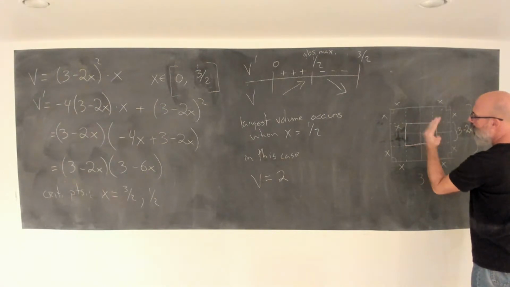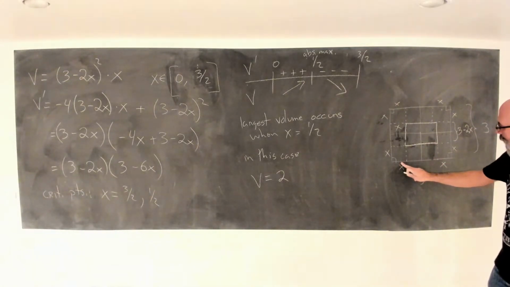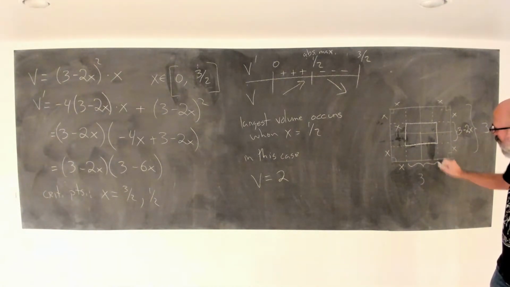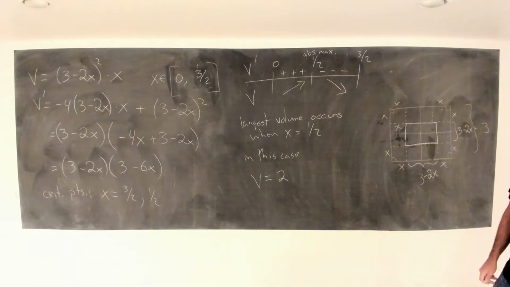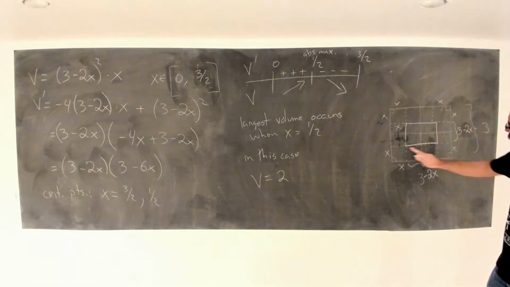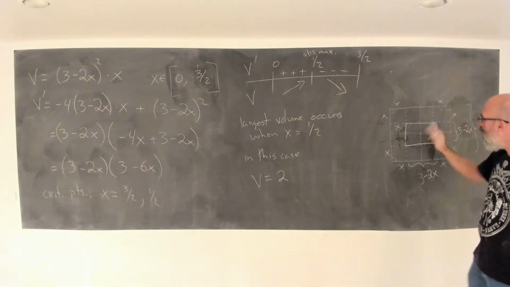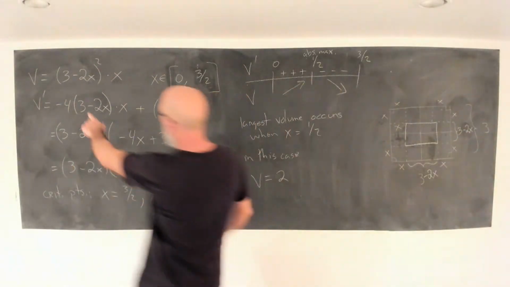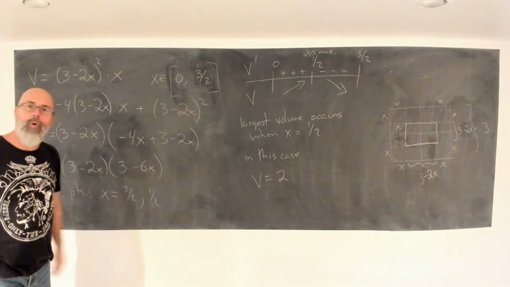So this side lifted up has length x, and we took an x out here, we cut that out, and we cut another x out here. So what's left, you had 3, and you removed 2 of those x's. So this side has length 3 minus 2x. This side has length 3 minus 2x. And then you have the height of x. So 3 minus 2x times 3 minus 2x times x. That's our volume.